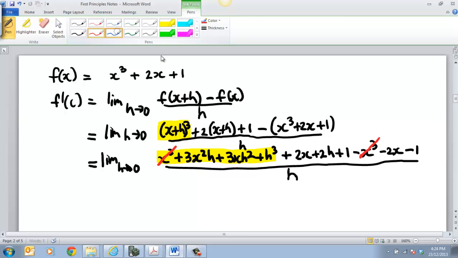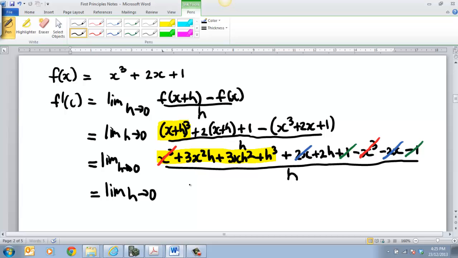Alright. The +2 cancels with the -2. Alright. The 1 cancels with the -1. Now I'm looking for all the other terms here, they've all got h's in them. So then what I can do is say that's equal to the limit as h goes to 0 of h.